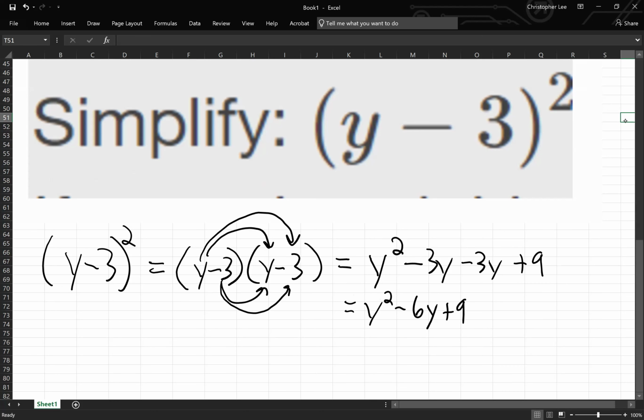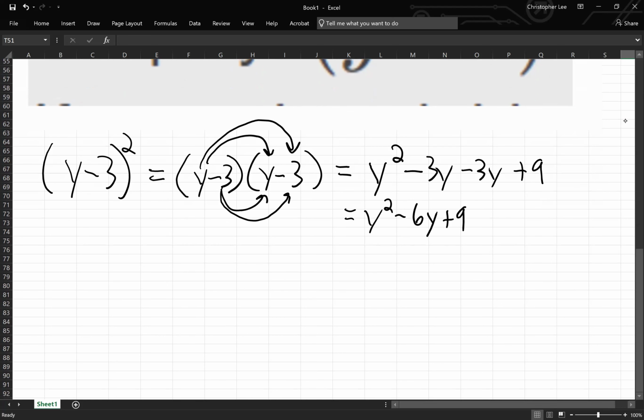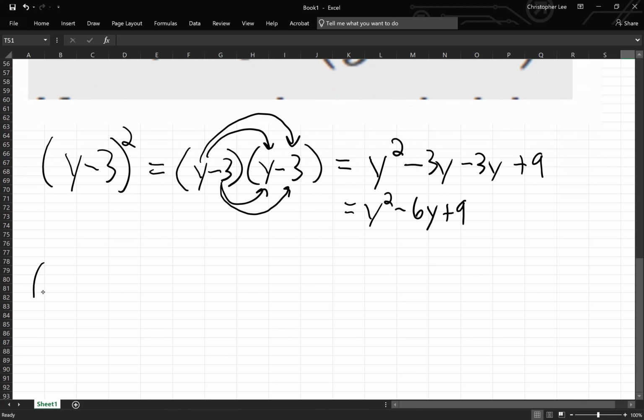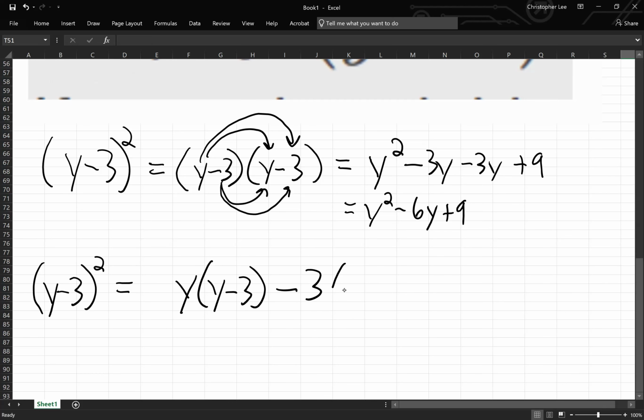Another way that we could do this, just to recap real quick. So I have y minus 3 squared, right? So you could break it apart. You could have y times y minus 3 minus 3 times y minus 3, right?